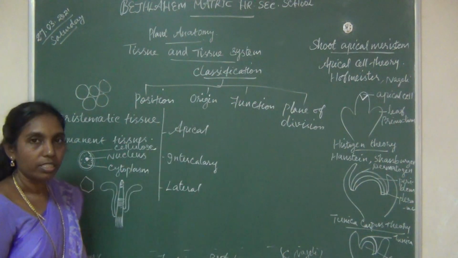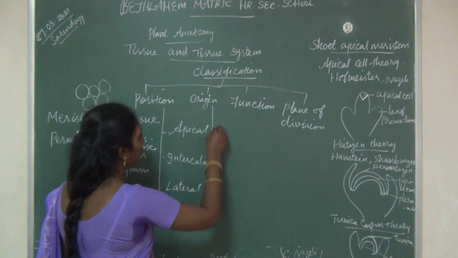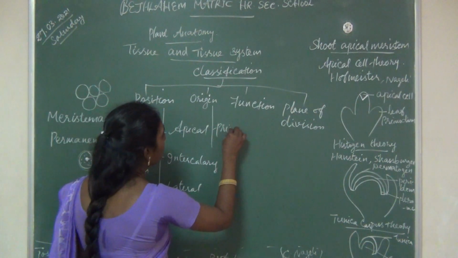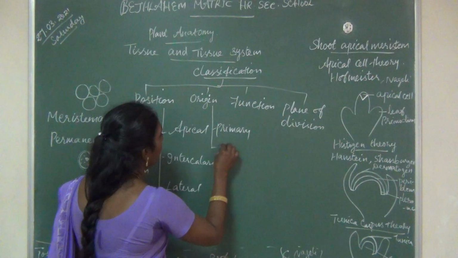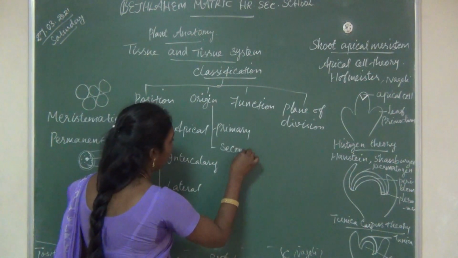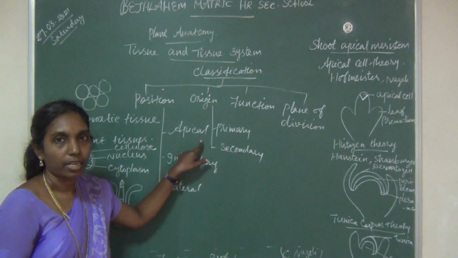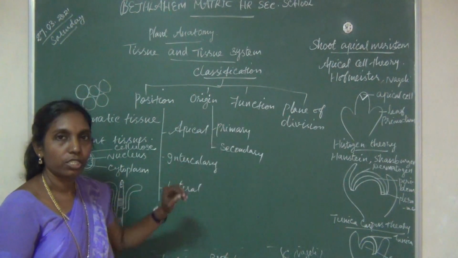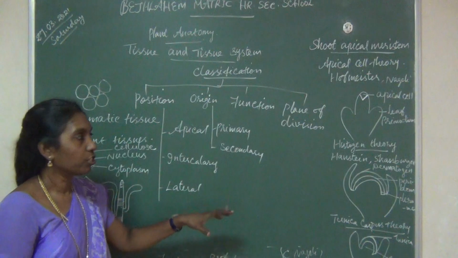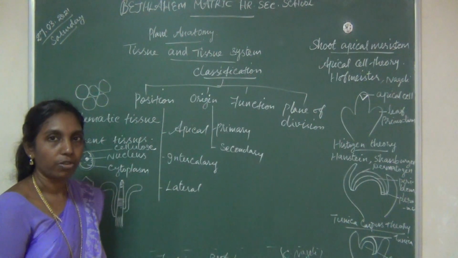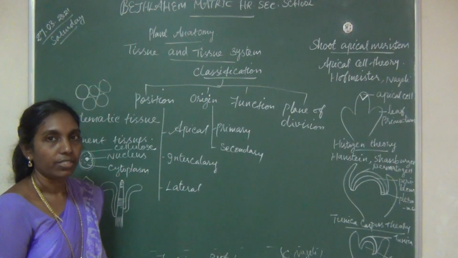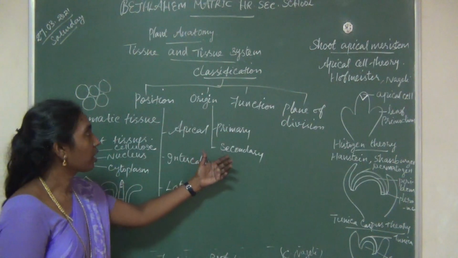Then based on origin, there are two different types of tissues: primary meristem and secondary meristem. Primary meristem gives rise to primary tissues, and secondary meristem gives rise to the cambium, interfascicular cambium as well as the cork cambium.